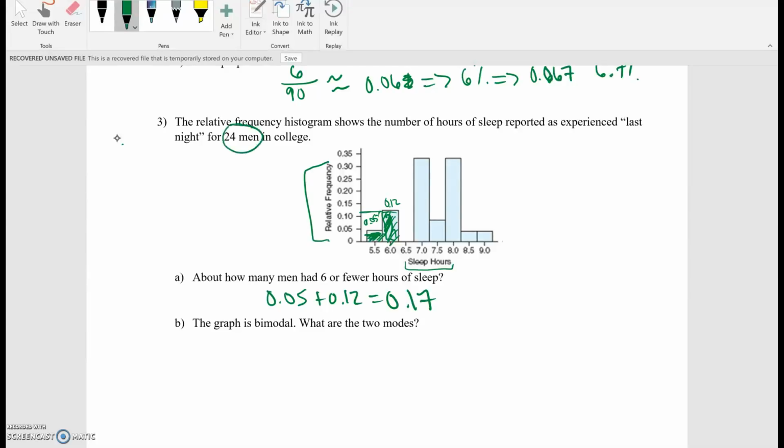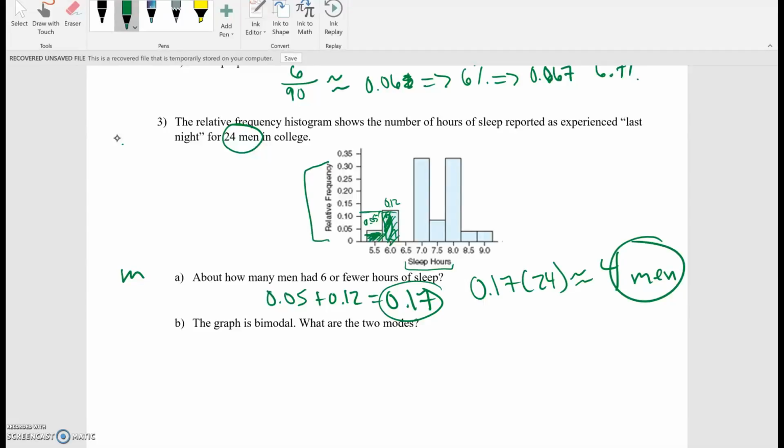If I want to know how many men slept 6 hours or less, I have to multiply 0.17 times 24, because it's 17% of 24. So 0.17 times 24 gives me roughly about 4, so 4 men approximately.